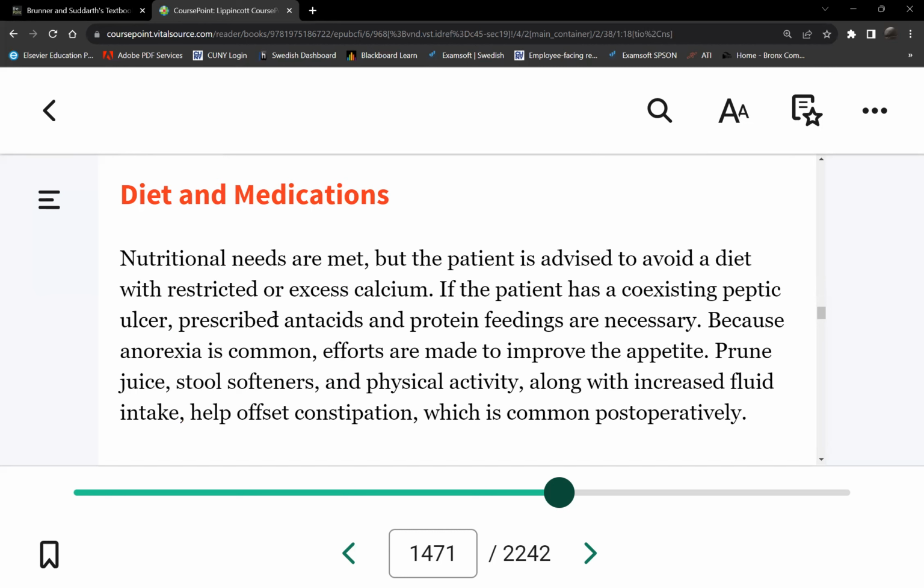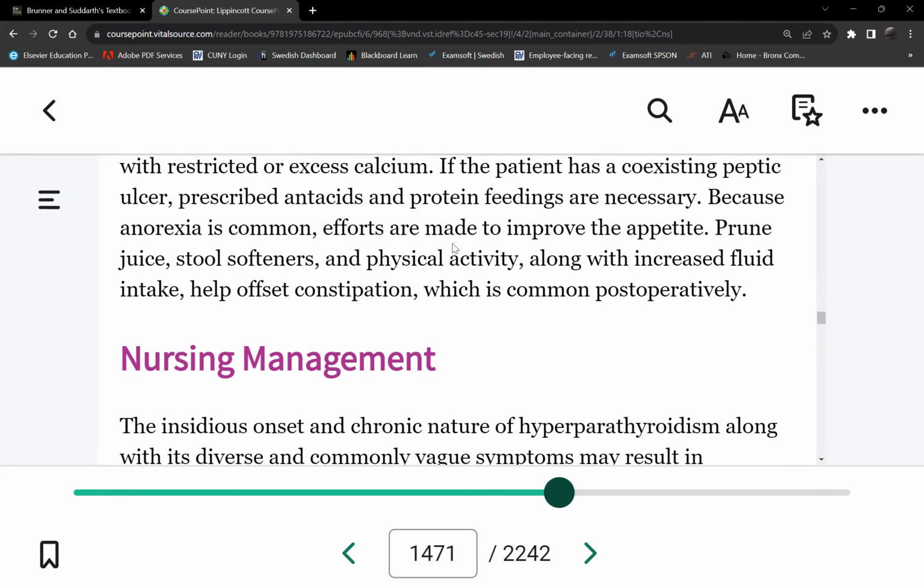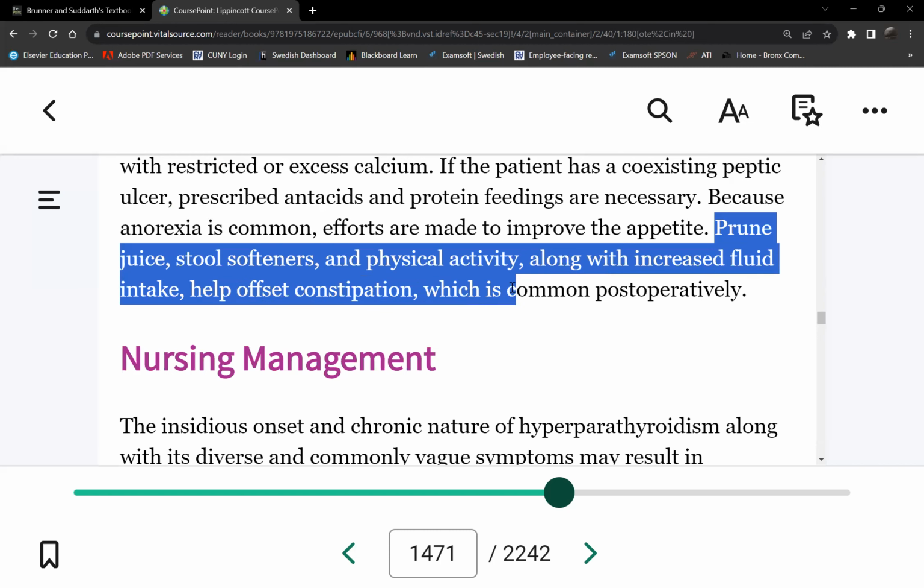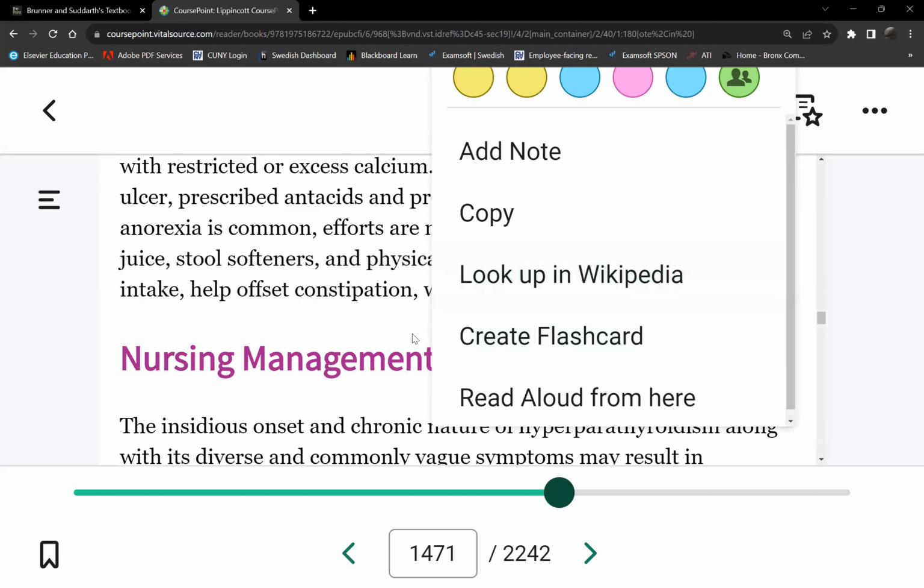Why did the calcium increase here? It's the parathyroid hormone, right? That's what we want to control, not the diet. So diet would be just like normal. We don't have to increase or restrict calcium in the diet. Because there's constipation, remember? One of the symptoms is constipation. So we give a high fiber diet, prune juice, etc. They're all listed here.